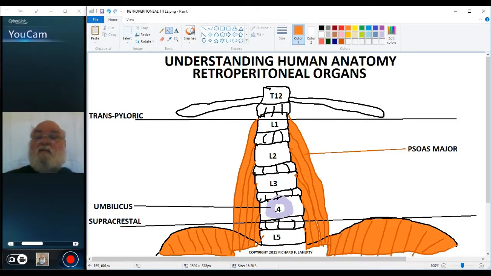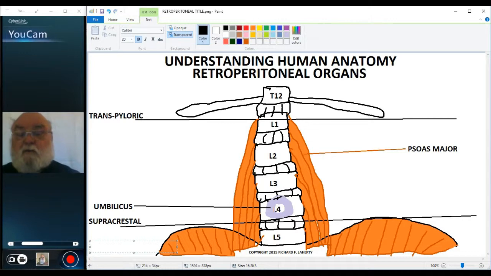So we got those colored in. And again, this muscle is iliacus, and its fibers merge with psoas major to form iliopsoas in the femoral region.